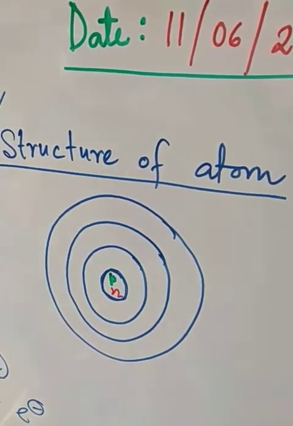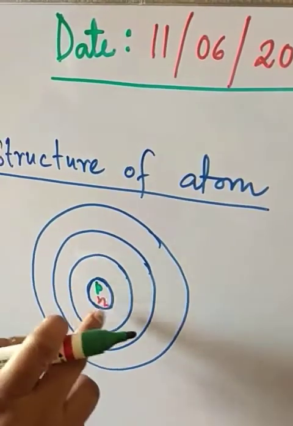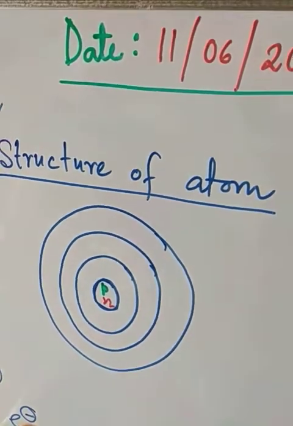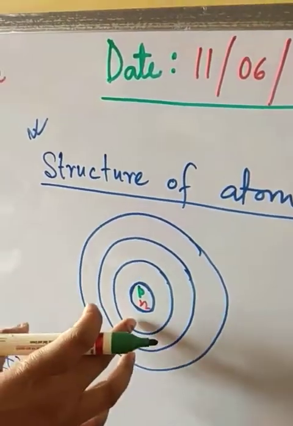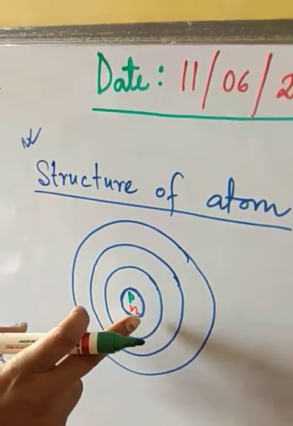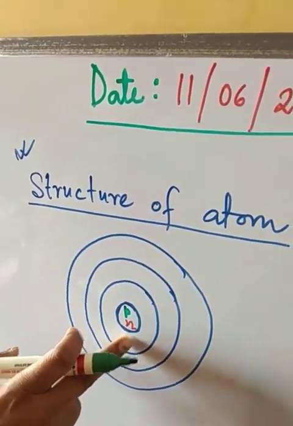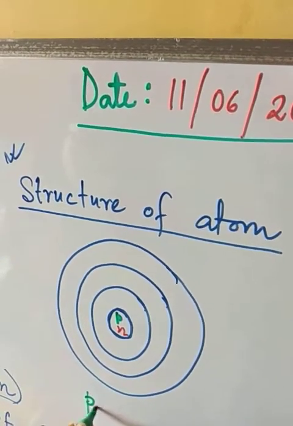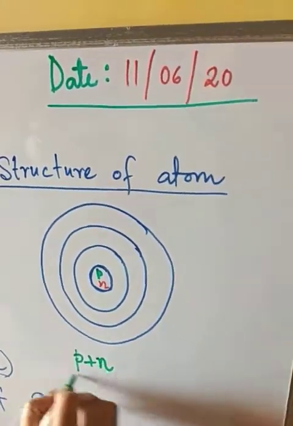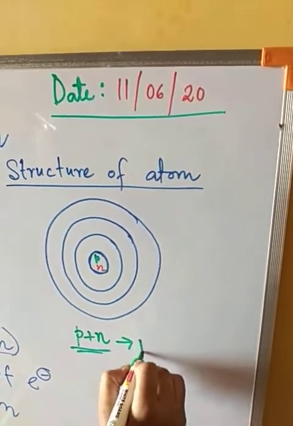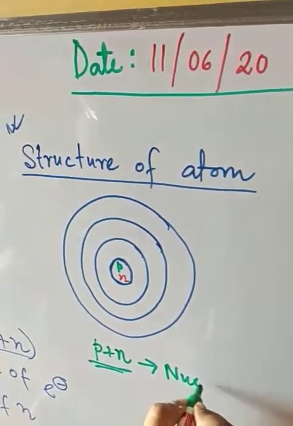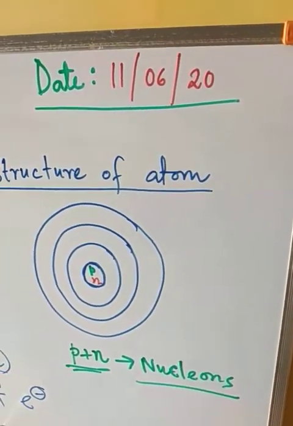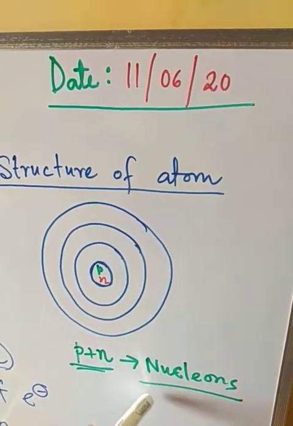These 2 subatomic particles hold the total mass of an atom and reside in the center, which is called the nucleus. Together, protons and neutrons are called nucleons.